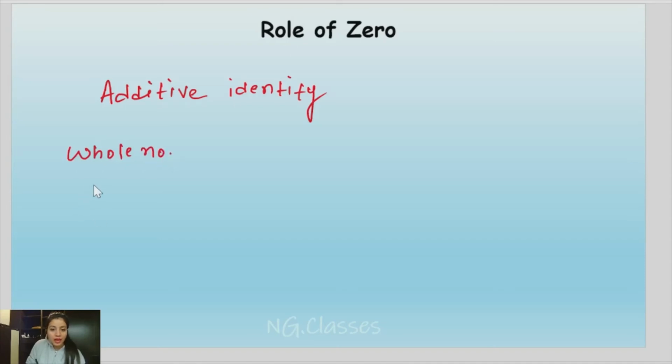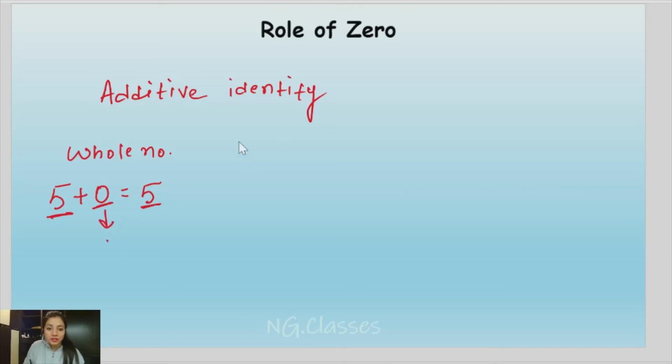If I take any whole number like 5, and add 0 with it, then the answer will be 5 only. So what does it mean? It means the identity of 5 is not changing. Previously it was 5, now also it is 5. So that's why this 0 has the name additive identity.